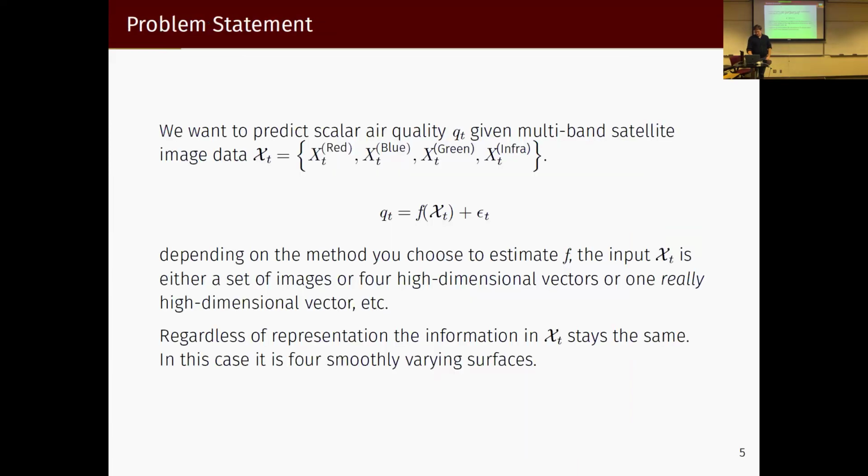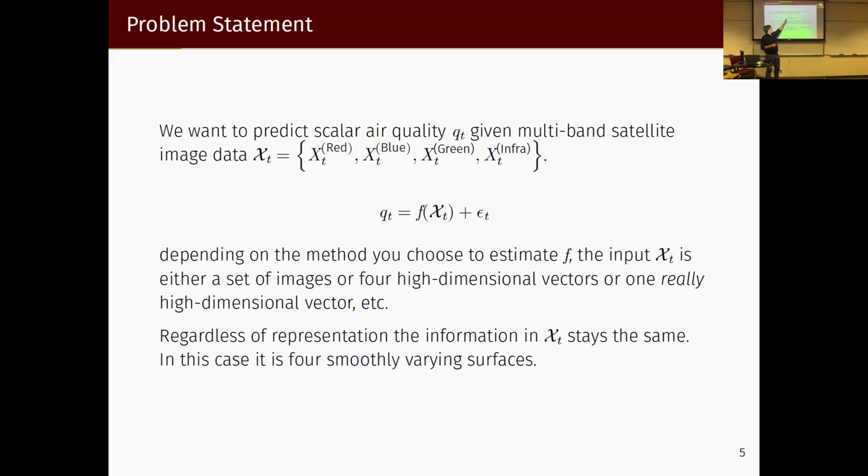So statistically speaking, we can write this problem down as a regression problem. We want to predict air quality, Q_t, given multi-band satellite image data, which I've called math-cal X, and this is a collection of the 4 bandwidths. Any kind of statistical regression approach you take is going to be solving this problem.